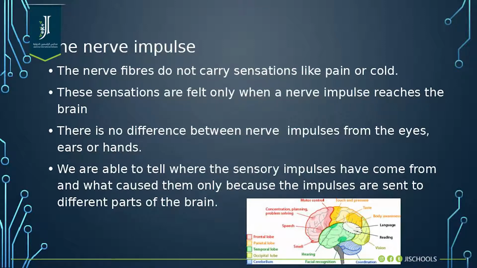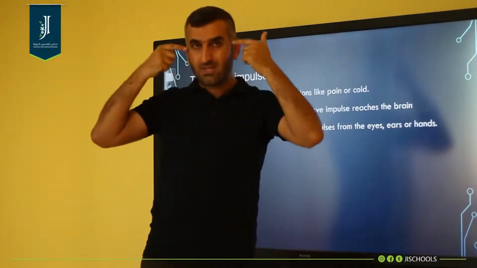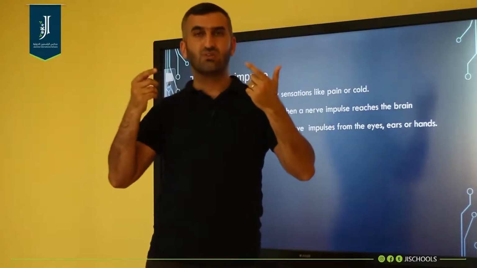So sensation is only felt when the nerve impulses reach the brain. So we have to deliver this sensation into the brain. It's usually delivered as a nerve impulse, and usually this nerve impulse is an electrical signal. Whether it is, let's say, the chemical that we taste by our tongue, it will be sent to the brain as an electrical signal. The light reaches the eyes, and now the eye will send an electrical signal, again an electrical signal.